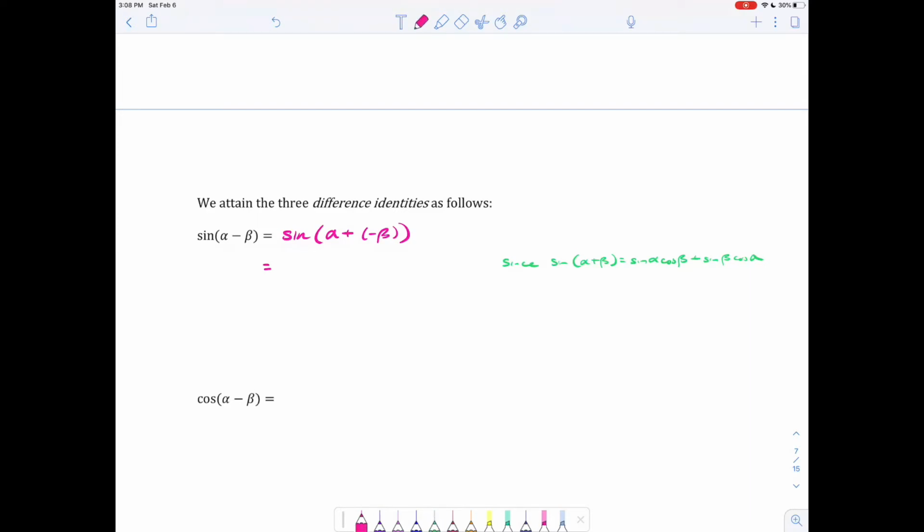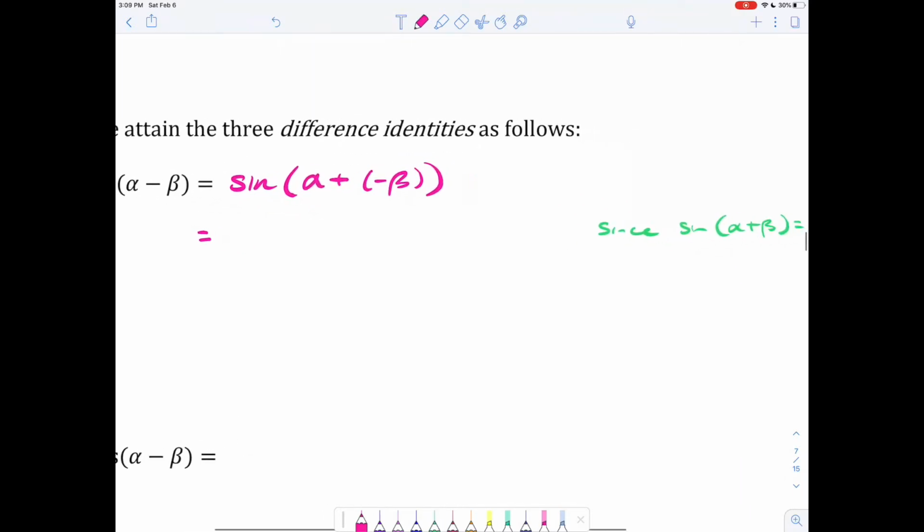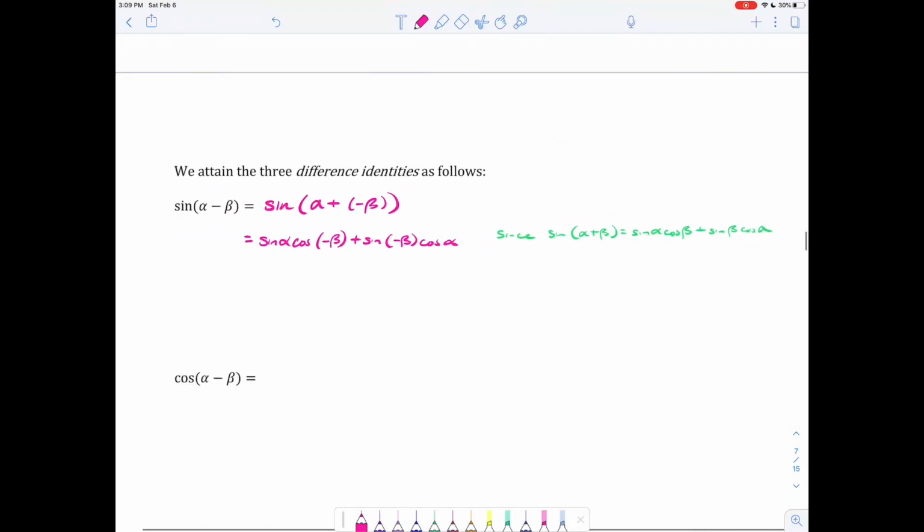So using that info, we can phrase this as sine alpha cos negative beta plus the sine of negative beta cos alpha. Just replacing all these betas with how we replaced that first one.